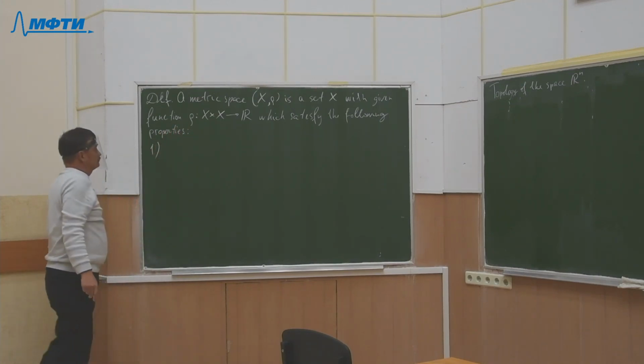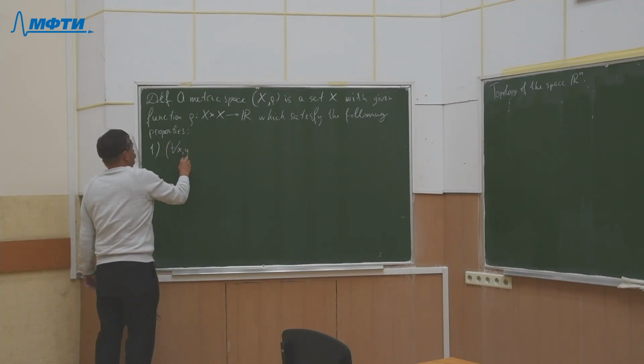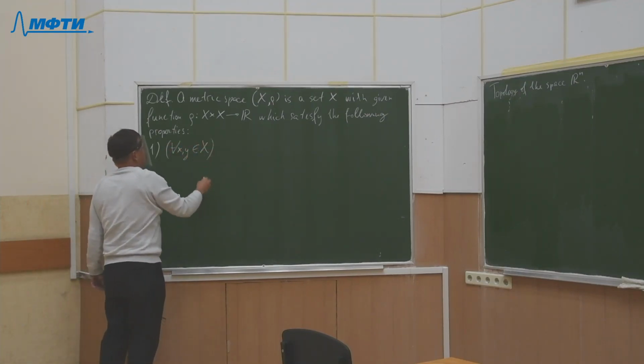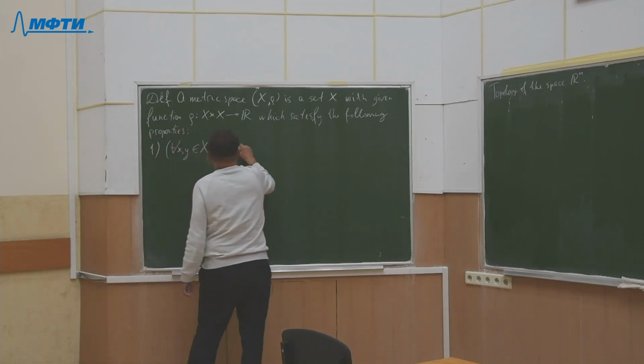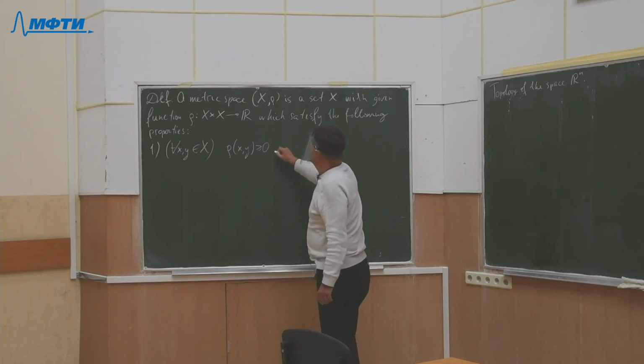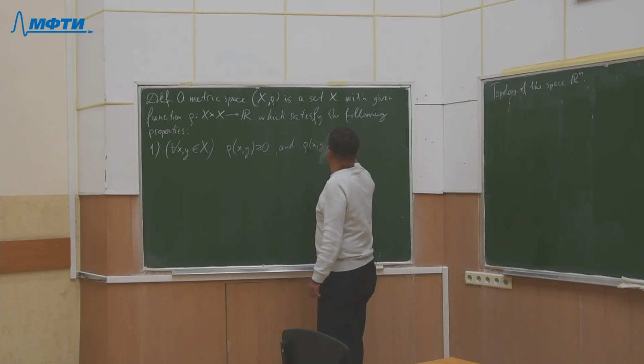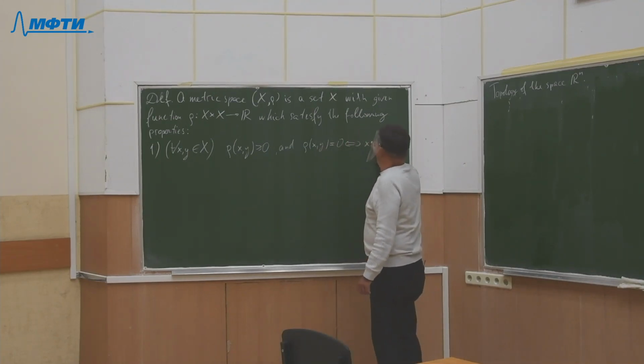First, for arbitrary x, y in X, we have rho of x, y is non-negative, and rho of x, y equals 0 if and only if x equals y.